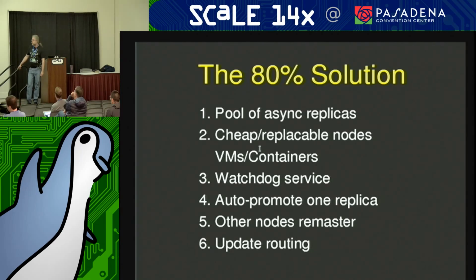These are our prerequisites here. It turns out that this particular set of requirements meets the needs of a lot of people. Not everybody. There are people who need synchronous replication and guarantees against data loss. There are people who have to run on large hardware where spinning up a new node is prohibitively expensive. But an awful lot of applications fit this spec.